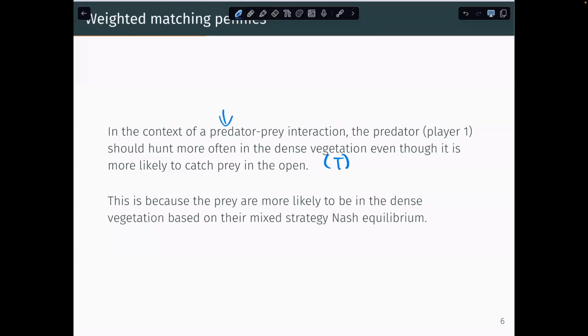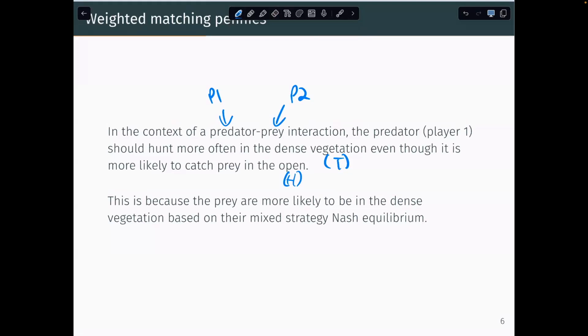So this is player one. Prey is going to be player two here. Dense vegetation is going to be tails, and open vegetation or open areas is going to be H. This is kind of arbitrary. I'm just assigning these arbitrarily here. There might be different scenarios where the roles of heads and tails are reversed.